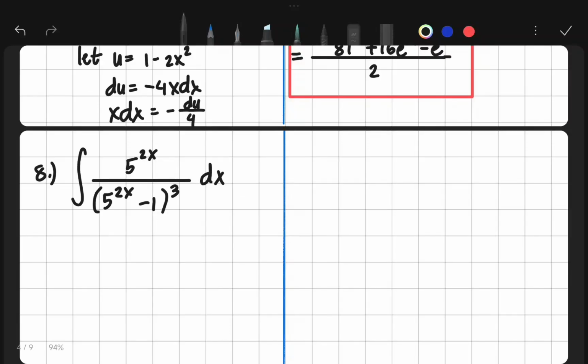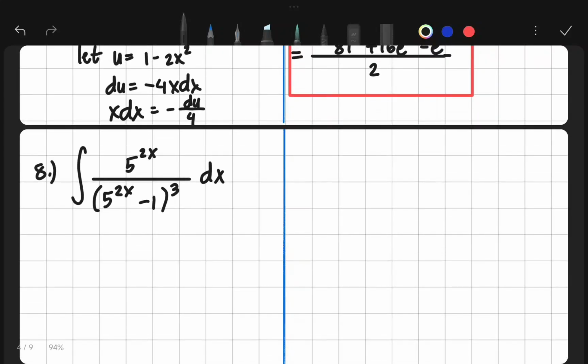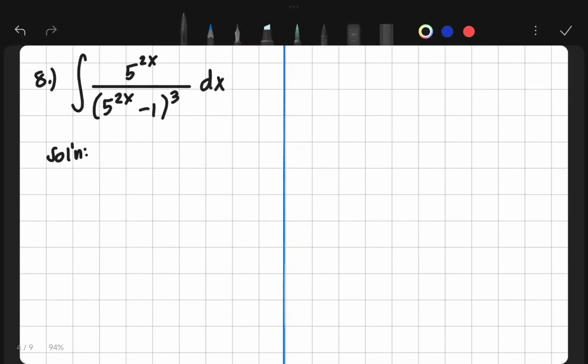For this one, how can we integrate this? Still the same, we need to have a substitution. I will let u equal 5 raised to 2x minus 1. So how can we differentiate this?